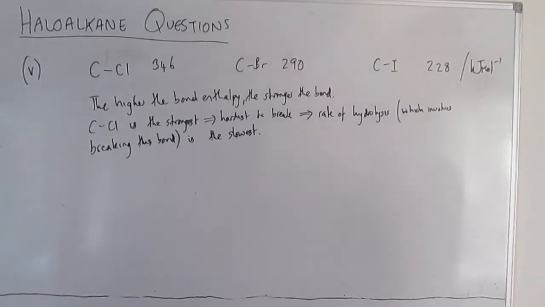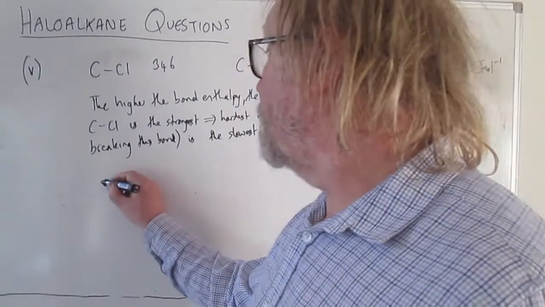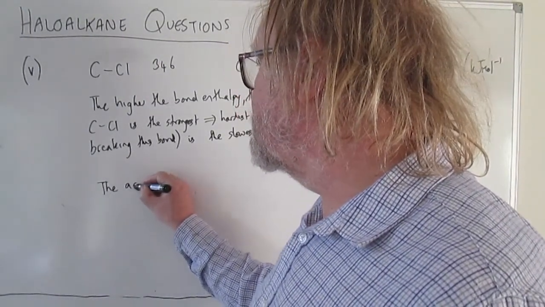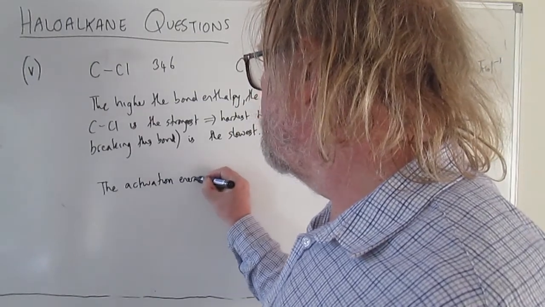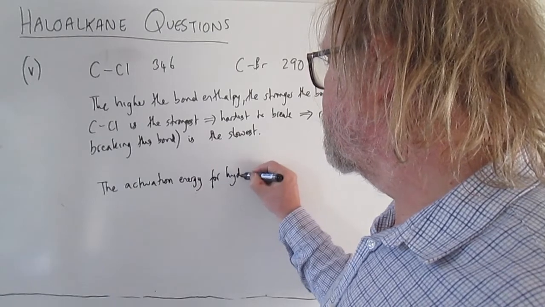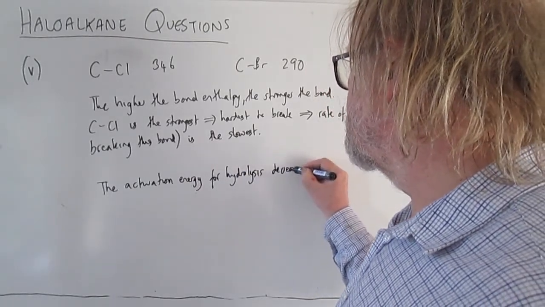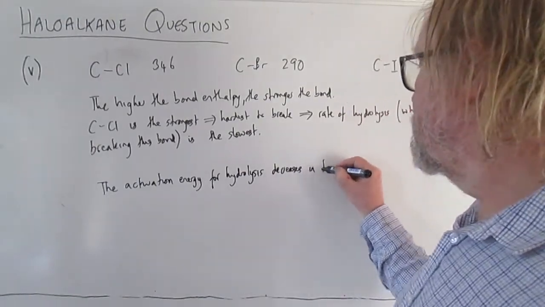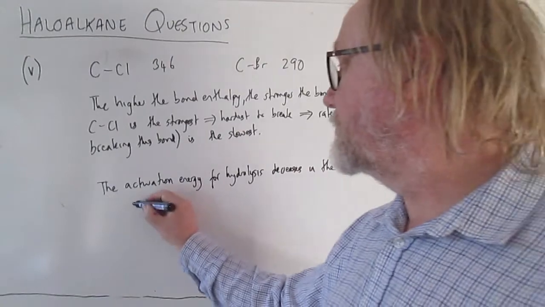If you want to put it in a bit more detail, you can do by saying that the activation energy, and again this is something we'll talk more about later on when we talk about rates of reaction, the activation energy for hydrolysis decreases in the same order as the strength of the bond.